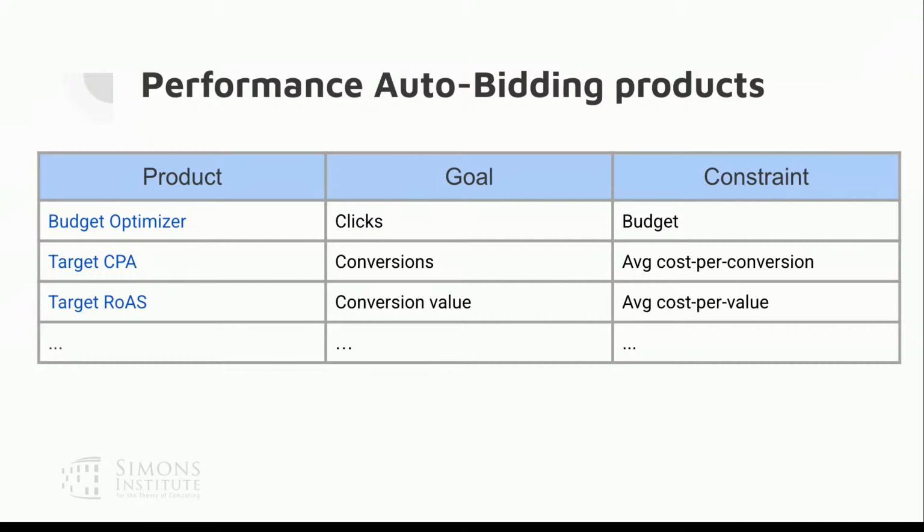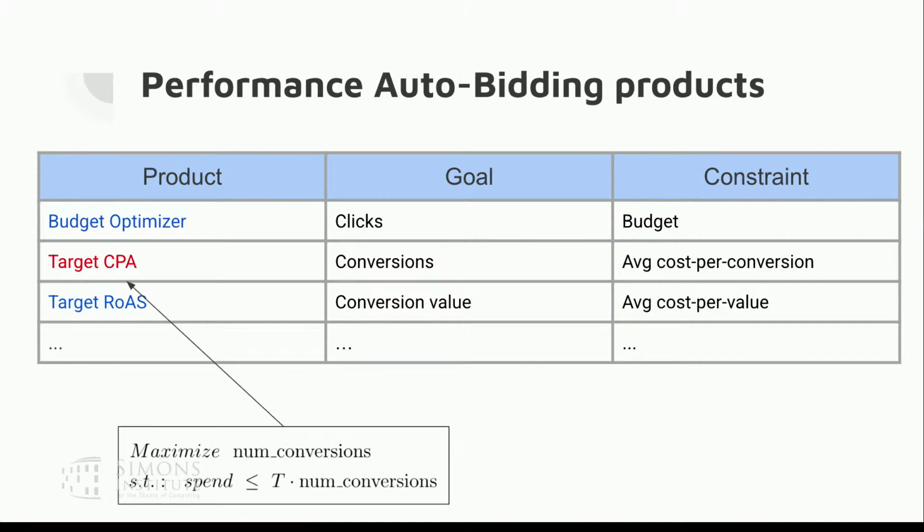And then there are fancier products as well. We won't go into that. So we'll talk about Target CPA, and I'll re-emphasize it's this simple program. Maximize my number of conversions, where conversion is another term for acquisition or sales, subject to my spend being no more than target times the number of conversions.